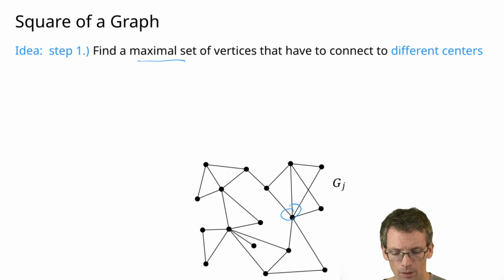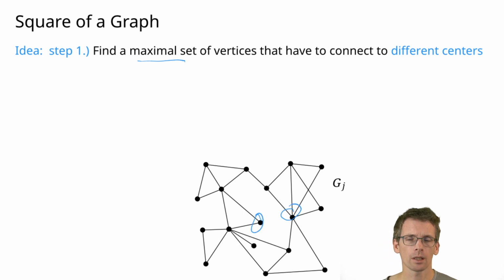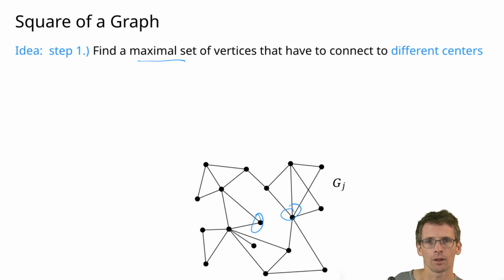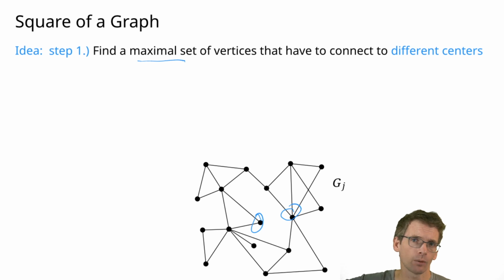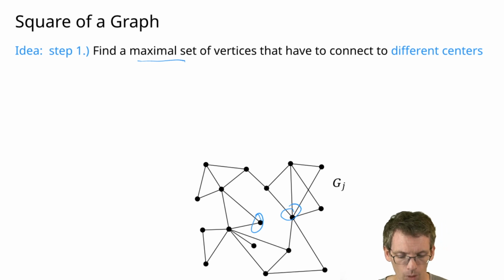Let me illustrate this by just pointing at 2 vertices here. If you look at those 2 vertices here, obviously they cannot be in the same cluster. So they cannot have the same dominating vertex, the vertex from the dominating set that they would connect to, because they do not share a common neighbor and also are not neighboring themselves.